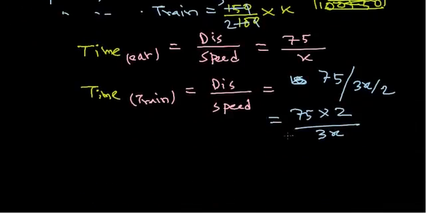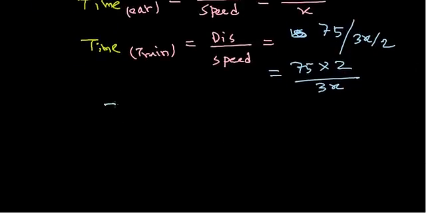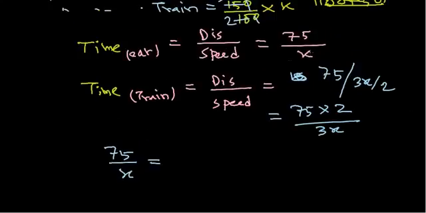So 75 by x is the time taken by the car to reach, and the same time should be taken by the train, but the train lost 12.5 minutes. So we need to conclude that 75 by x equals the train's travel time plus the lost time of 12.5 minutes.